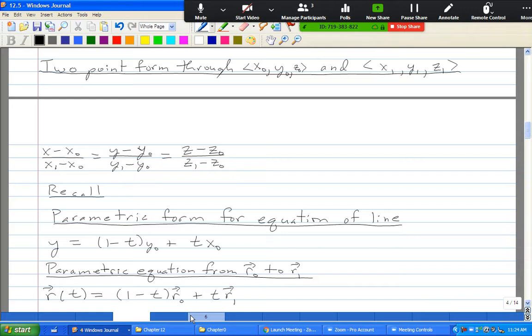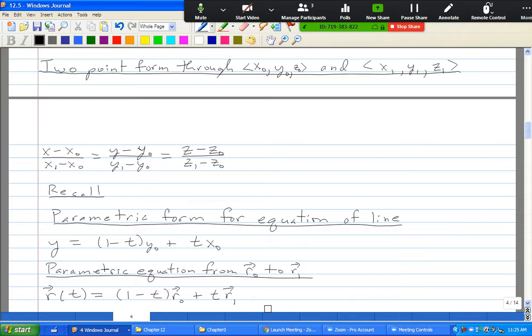Next, let's recall the parametric form for the equation of a line. And so I have here y is equal to (1 minus t) times y0 plus t times y1. And so, analogously, we have the parametric equation from the vector r0 to the vector r1.